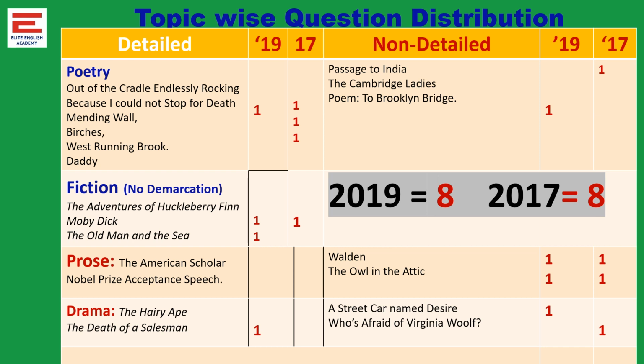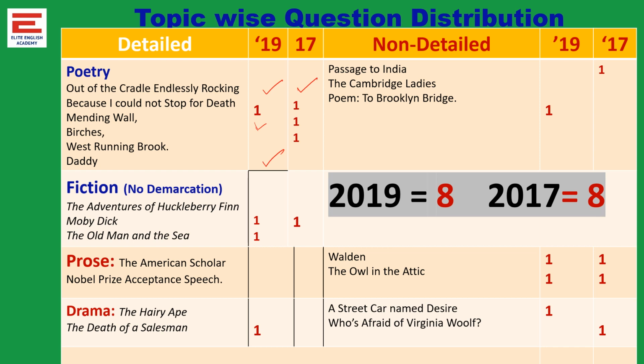For example, where there is no question, you have to concentrate more. Like that, the famous works Mending Wall, Birches, then Daddy are altogether ignored, so you can concentrate on these also.